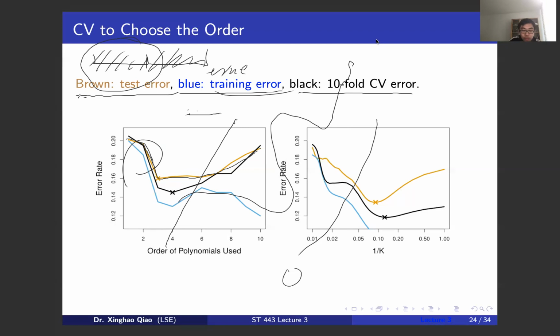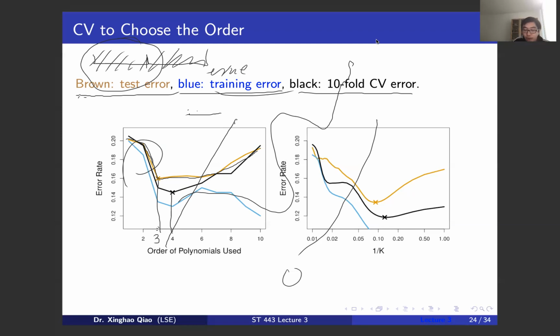If you consider the true test error, the minimum point corresponds to an optimal polynomial order of 3. But if you are using tenfold cross-validation to estimate the test error, the optimal polynomial order is around 4. 3 and 4 are quite similar, although numerically slightly different.